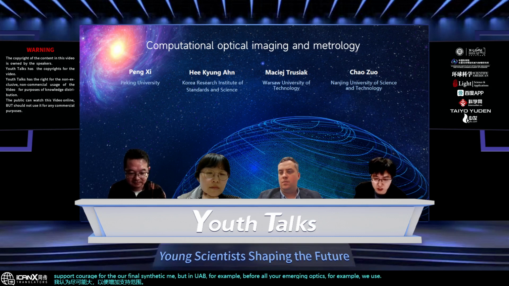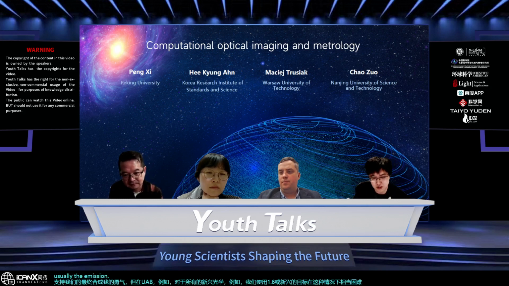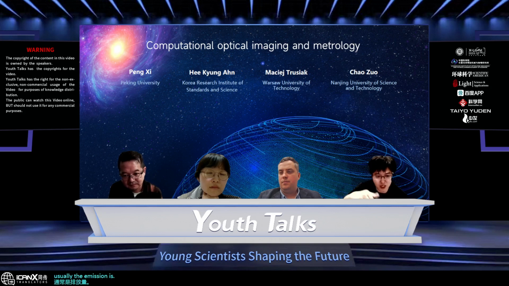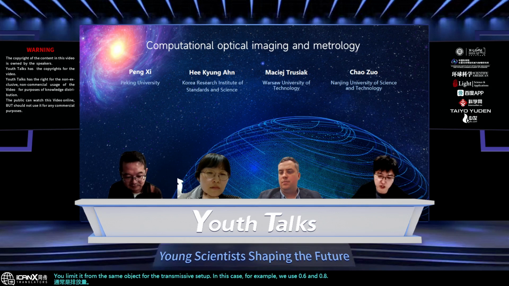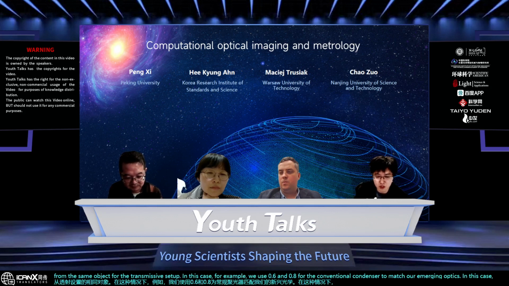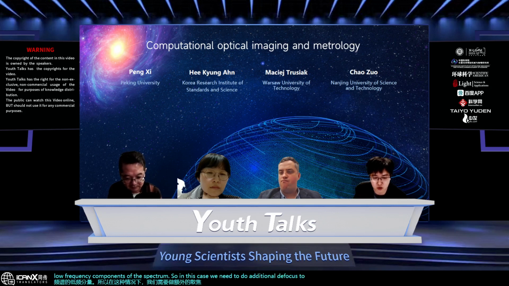In this case, it is quite difficult to match the illumination to the NA of the objective lens, because usually the illumination does not come through the same objective lens in the transmissive setup. So, for example, we use a 0.6 NA conventional condenser with the oil immersion optics. Then we have certain missing frequency regions in the low frequency component of the spectrum, so we need to do additional defocus to produce additional phase contrast for the low frequency components.